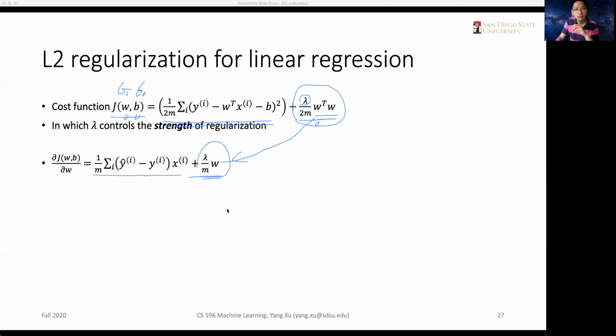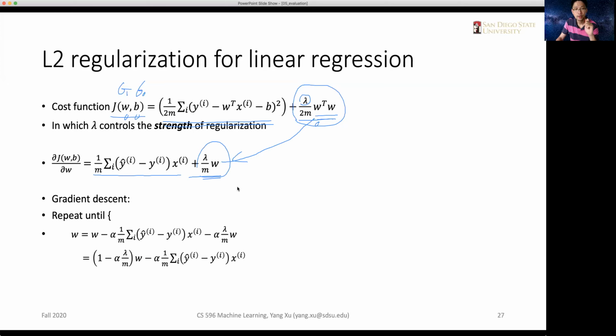Okay, so now we need to use these new gradients in each step of the gradient descent, right? So we subtract from W the learning rate alpha times the new gradients, and the result will be here, right? 1 minus alpha times lambda over n times W. Previously, without this L2 regularization, there would be no such term.